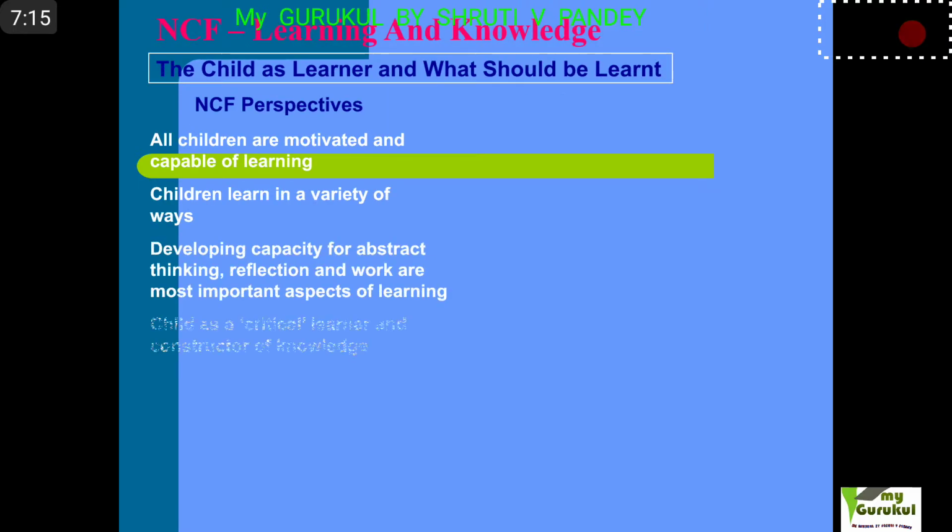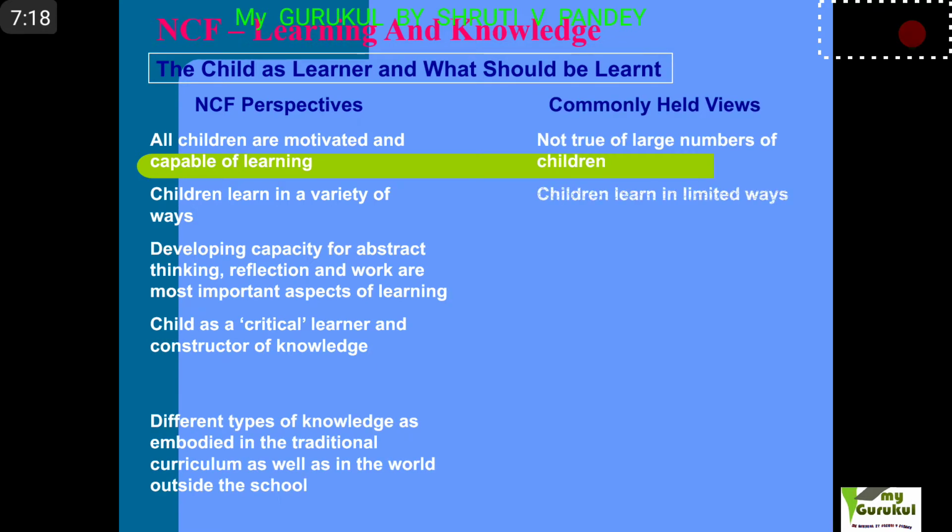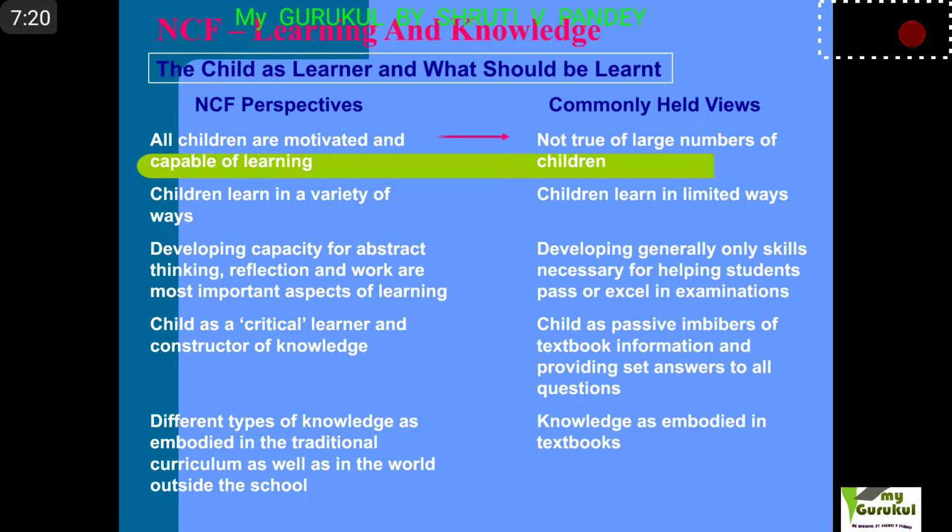So, NCF: learning and knowledge. A child as a learner, what should be learnt? NCF perspective and then commonly held views. According to NCF perspectives, all children are motivated and capable of learning, but commonly held views say this is not true of a large number of children.